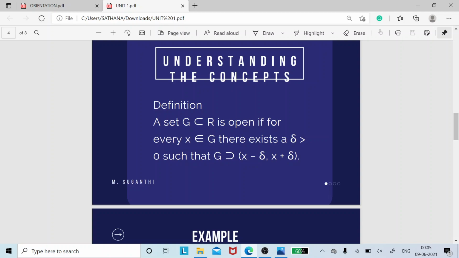Be clear with the concept: whatever element x in G, it should contain a piece of segment with radius delta that is completely lying inside G. Then we call the set G open.